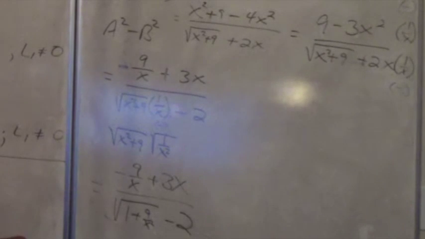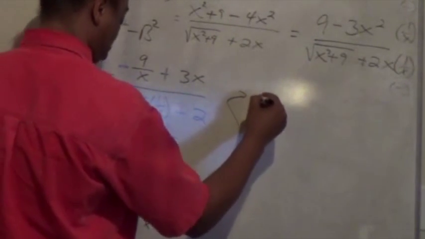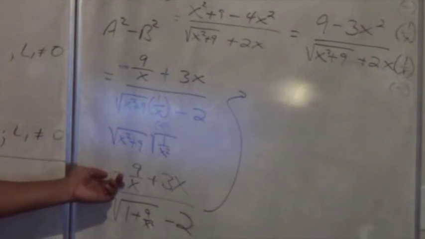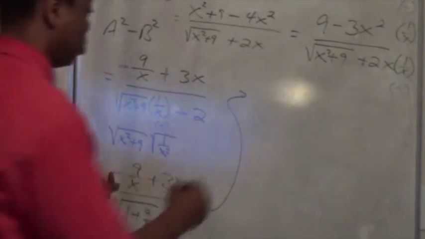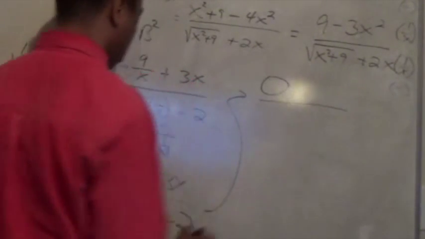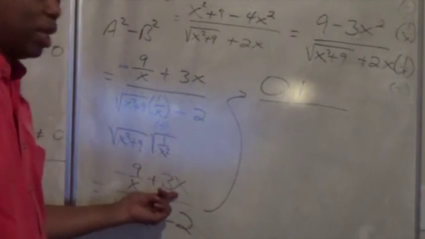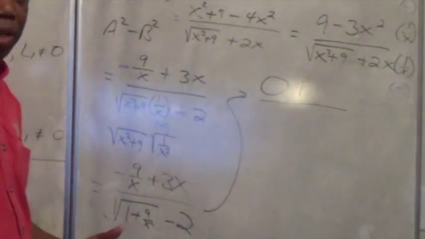Let's see what we get. Okay, a limit of this function right here with the x on the bottom as x goes to 0, sorry, x goes to infinity will be 0. Plus 3 times x as it goes to negative infinity will be negative infinity.